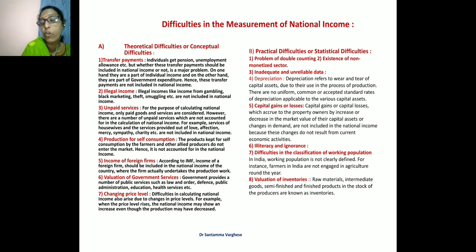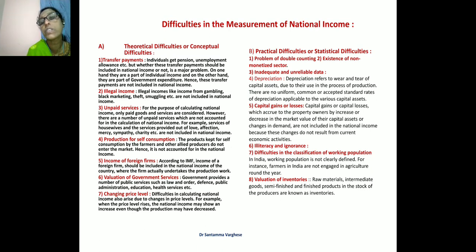Then income of foreign firms. According to the IMF, income of foreign firms should be included in the national income of the country where the firm actually undertakes the production work. Then the valuation of government services. The government provides a number of public services like law and order, defense, public administration, education.